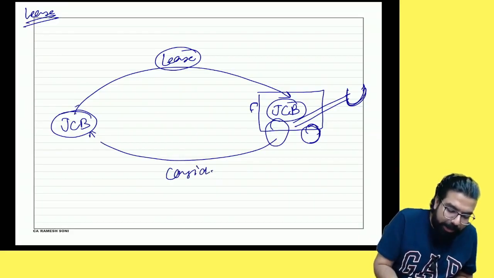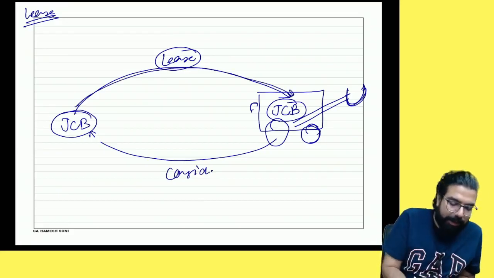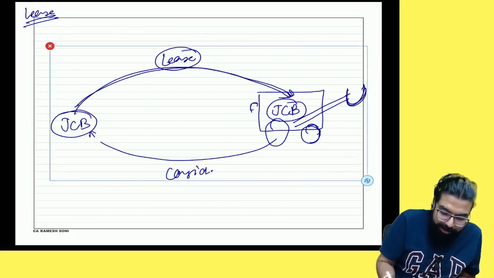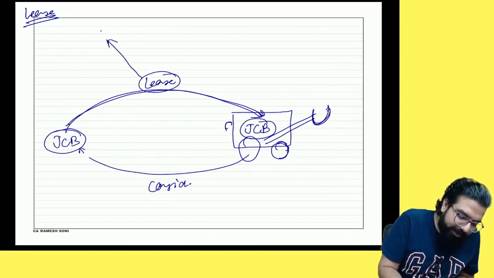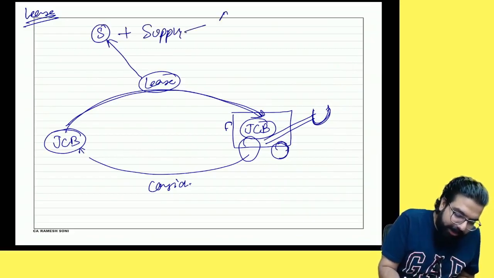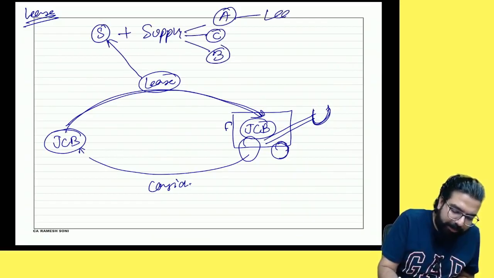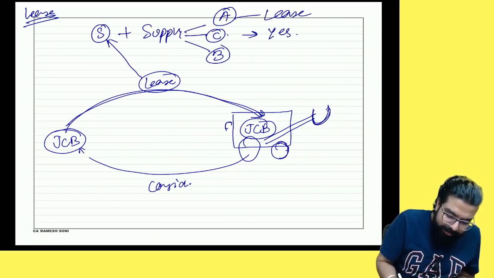My question over here: when the JCB company is giving the JCBs on lease, is it supply or not supply? Is it goods or service? What activity is this? Is it for a consideration? What is the consideration?